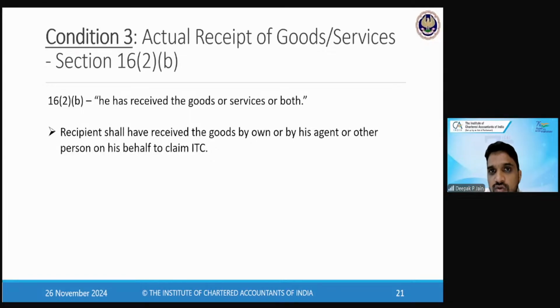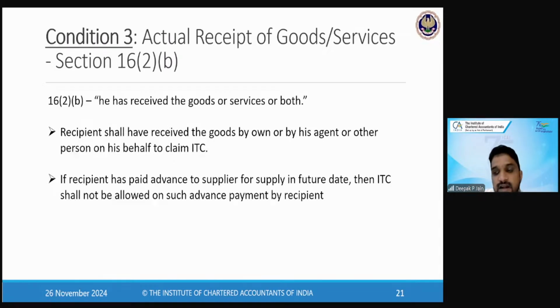Because you or your agent or any other person on your behalf has taken it. So it is permitted. Similarly, in this also, when you are a recipient, you could receive it yourself or by anybody who is acting as your agent or any other person on his behalf, to claim the ITC.